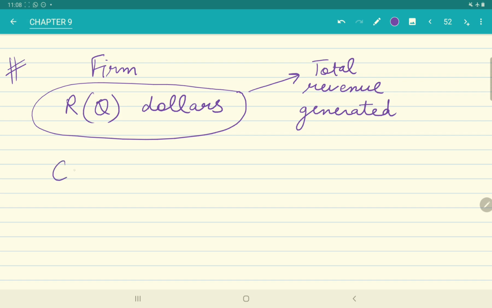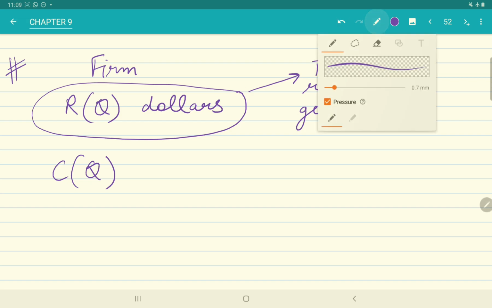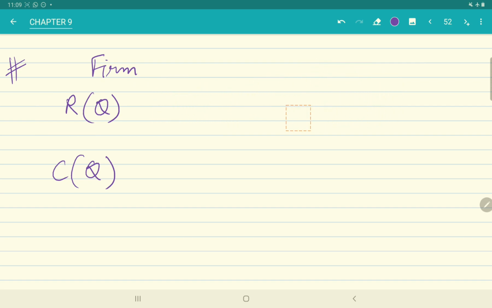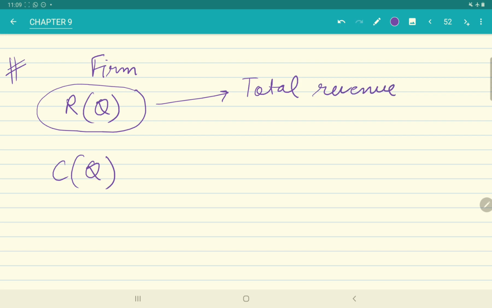I can just say that this is the total revenue generated, that is R of Q, and not write dollars here.